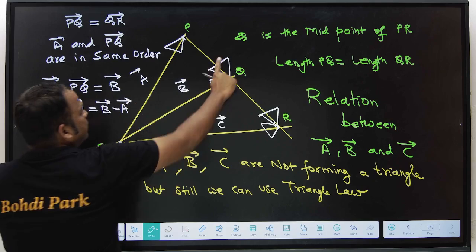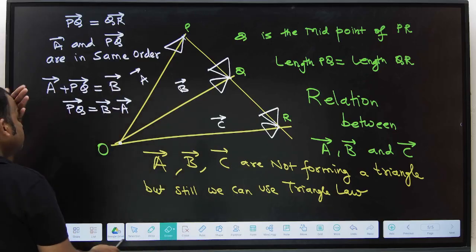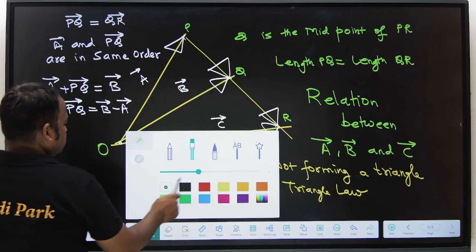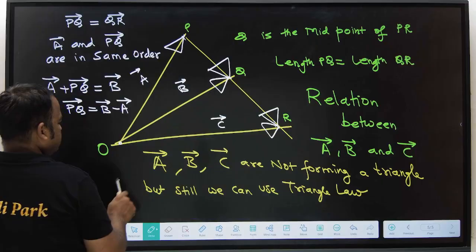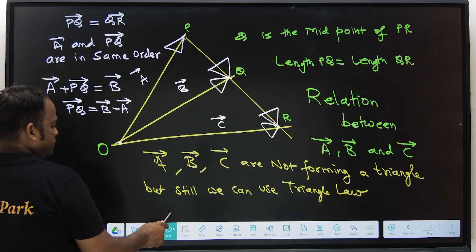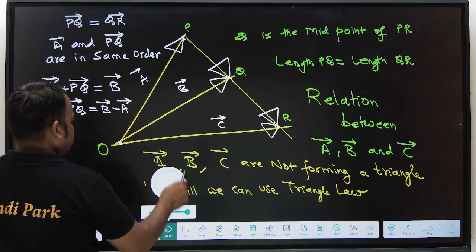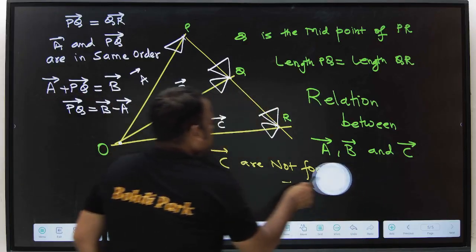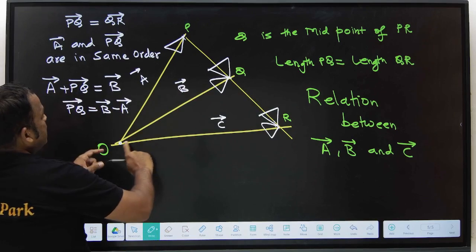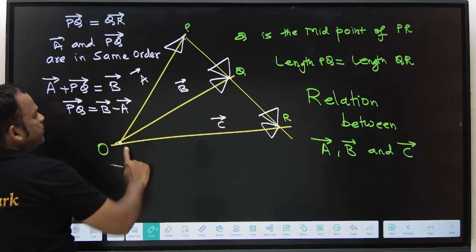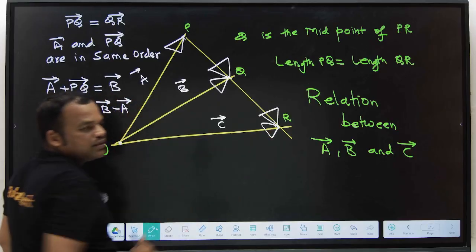And similarly for triangle OQR, we have OQ vector which is B vector and QR vector in same order and C vector is in opposite order.